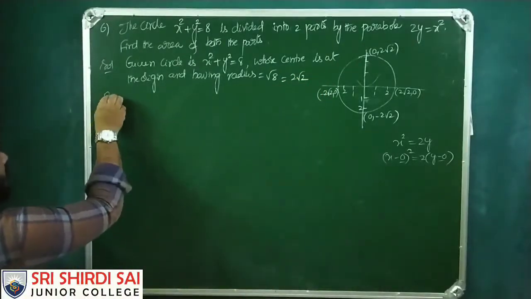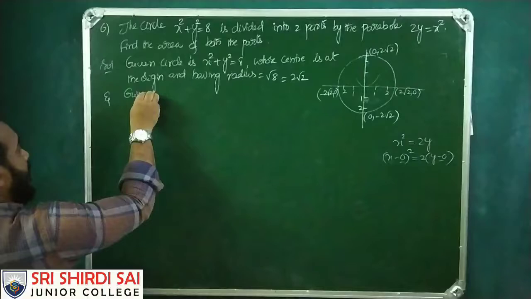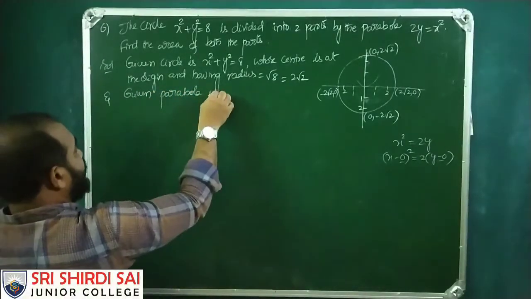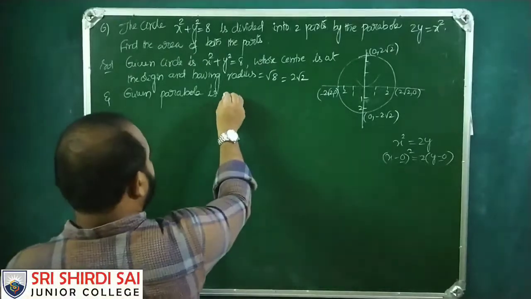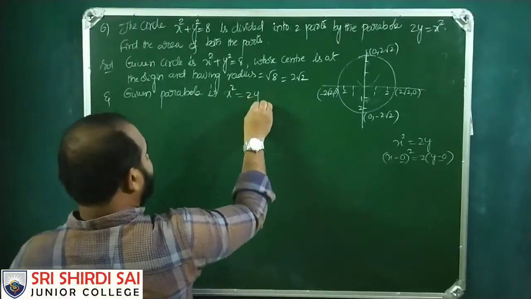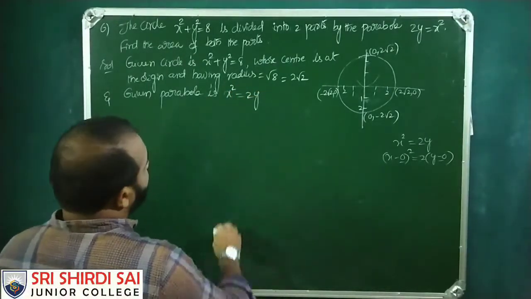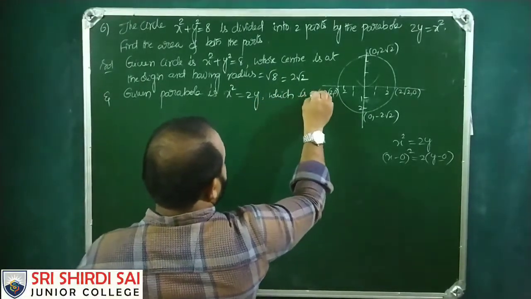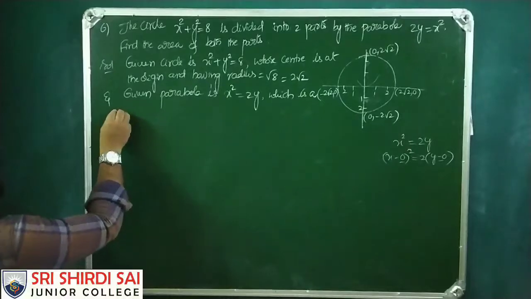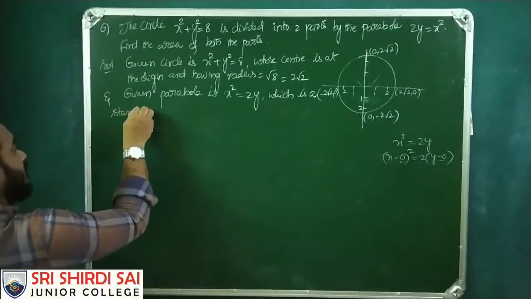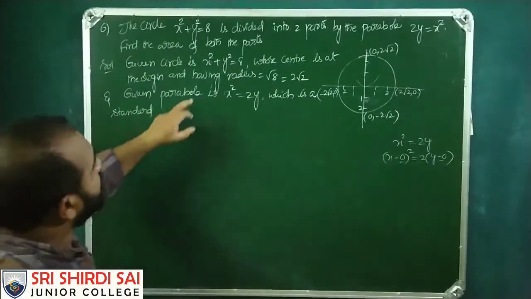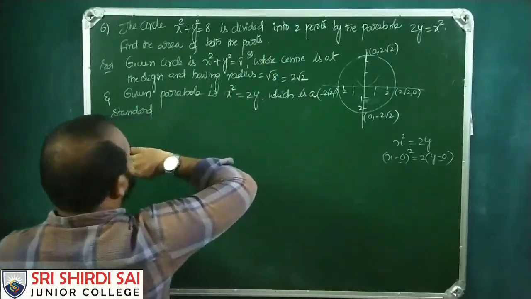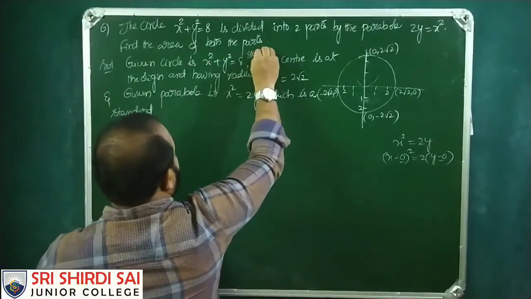And the given parabola is x square equals 2y, which is a standard form of the parabola. The given circle is also a standard circle.